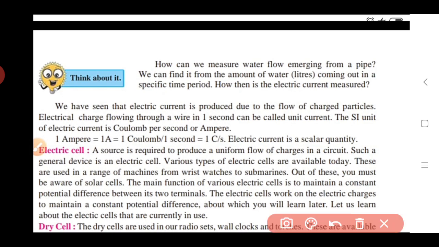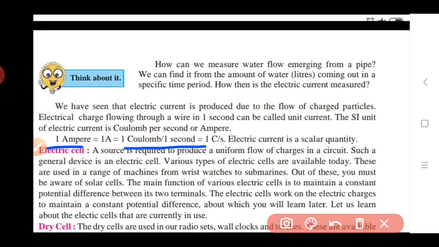See here, 1 ampere is equal to 1 coulomb per 1 second. So what is the value of 1 ampere? 1 ampere is equal to 1 coulomb upon 1 second. In short we can also write 1 ampere is equal to 1 C upon s.